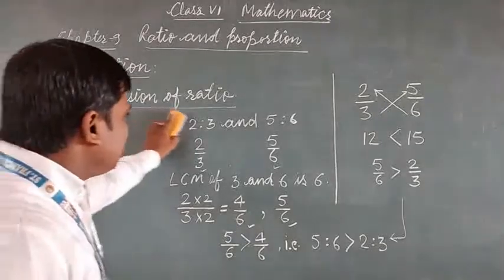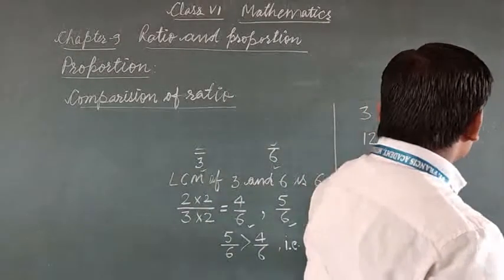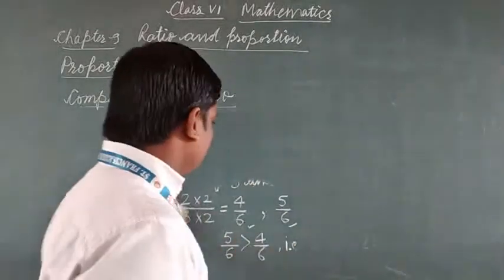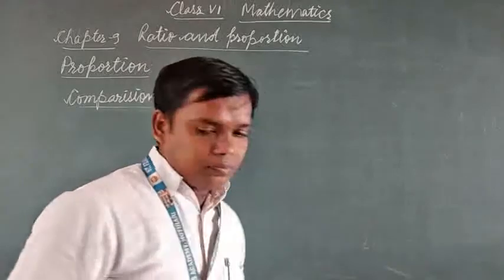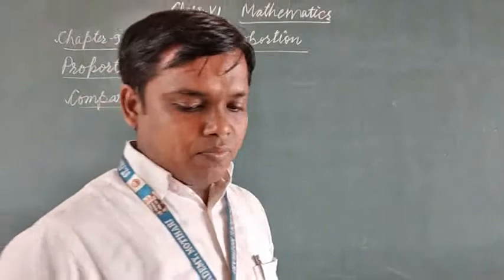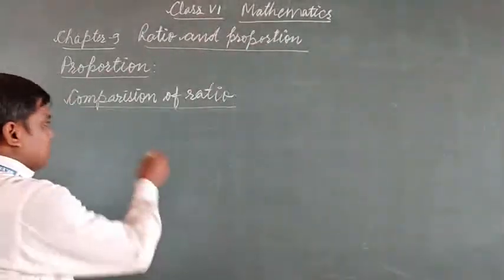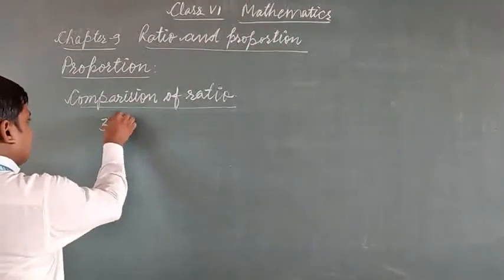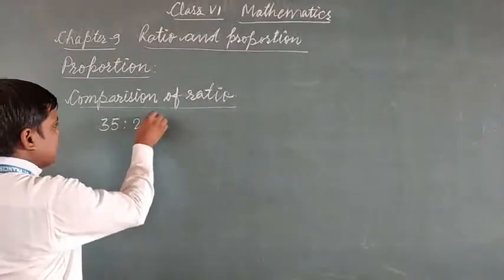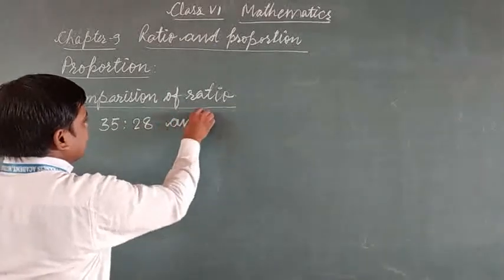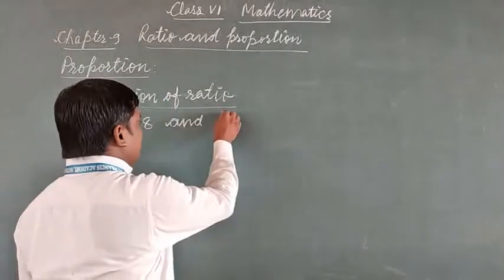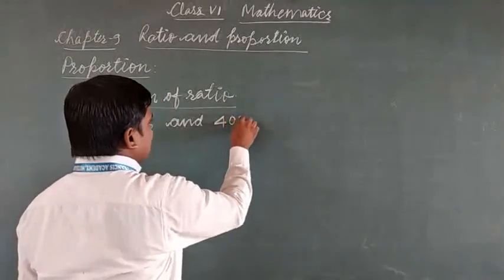Now compare another two ratios. Compare 35 is to 28 and 40 is to 32.